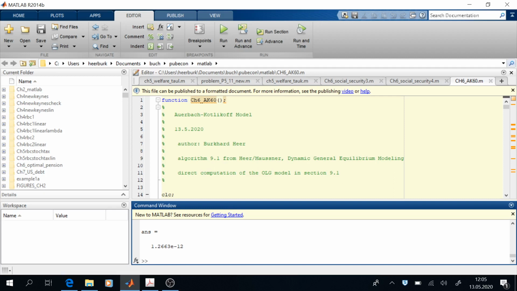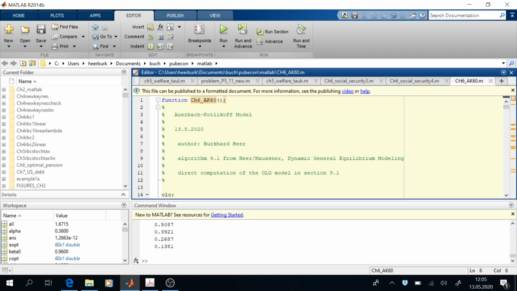And the solution is saved into the matrix chapter 6 AK60. So for example, in our optimal wealth age profile, the wealth level at age 60 is 0.138.